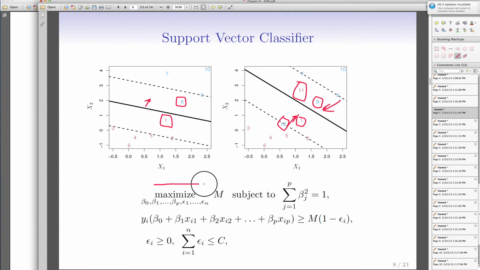Again, we want to maximize the m, same as before. We want to find a margin that has the largest distance from the closest observation in each class. However, we define closest observation to each class in a different way.